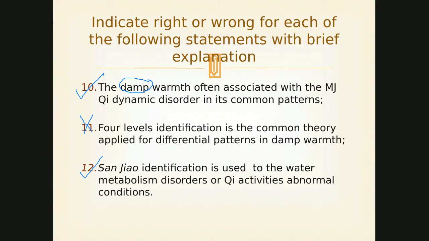This is simpler than organ differential diagnosis, because you just need to know which part, upper, middle or lower, is involved and correlate it with organs. That would be easier to explain clinically.